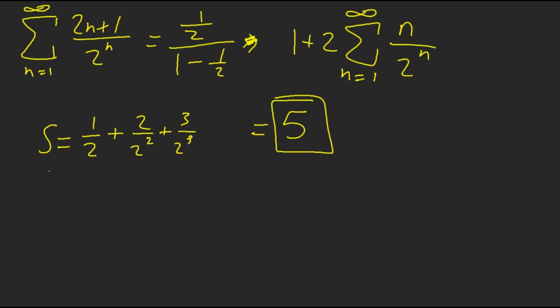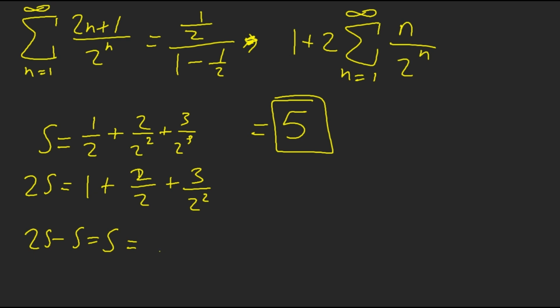Then you multiply by 2, and you do 2s minus s, which is equal to s.